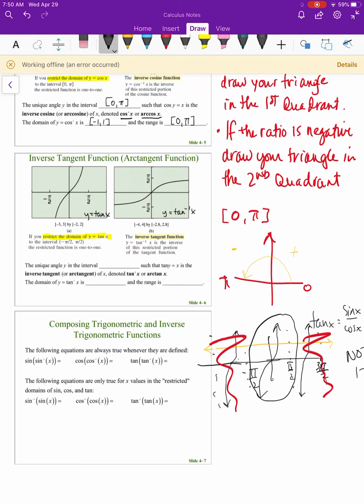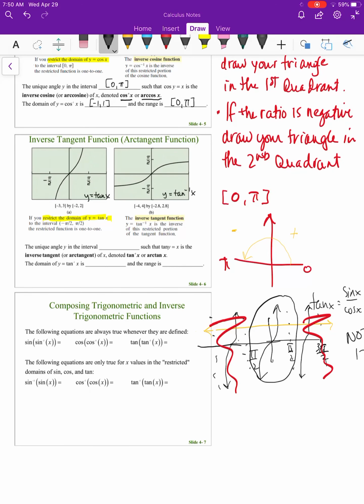So we have the unique angle in the interval negative pi over 2 to positive pi over 2, such that tangent y equals x is the inverse tangent or arctangent of x, denoted this and this. Remember, it's not tangent to the negative 1. You can't drop it down and move it like it's a different one. It's inverse tangent.